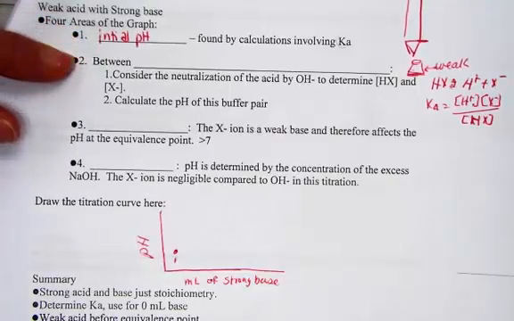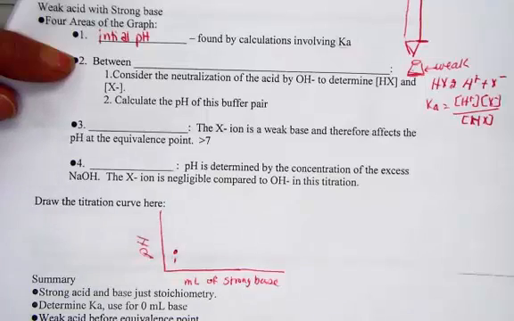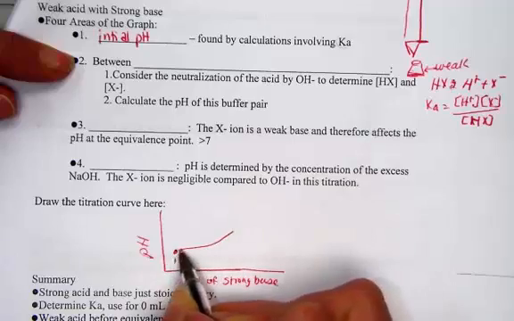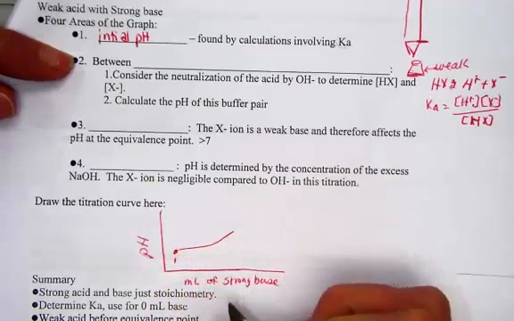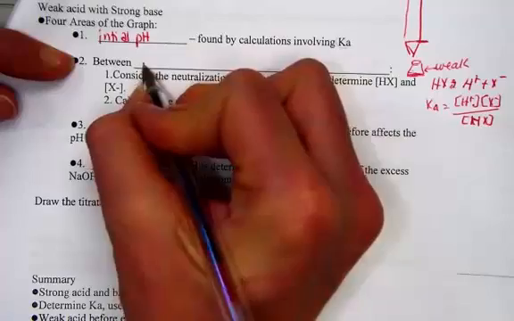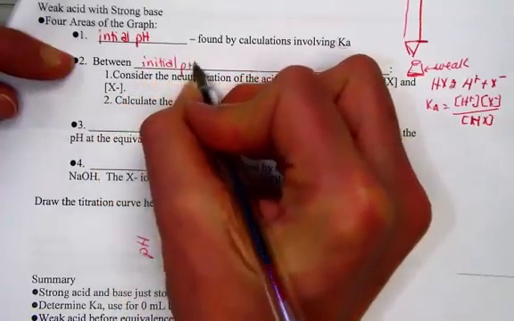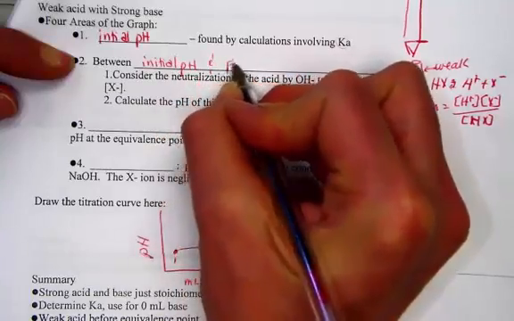The next region of interest would be below the equivalence point, but past the initial point. It's the area that I see as a slow but steady climb as we're adding base. So it's between the initial pH and not quite yet the equivalence point.